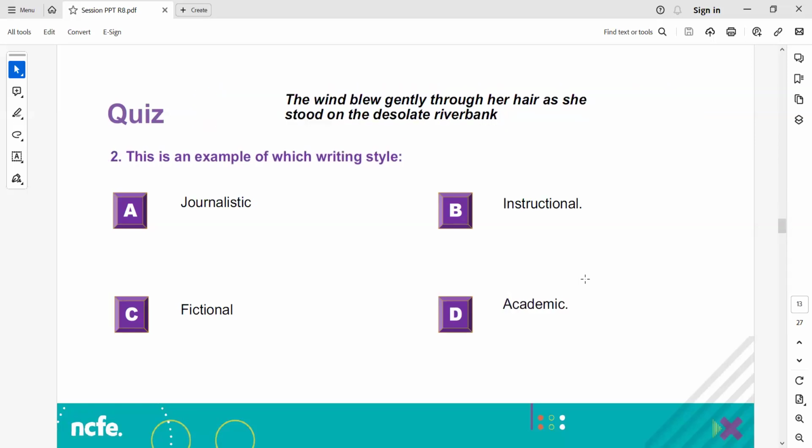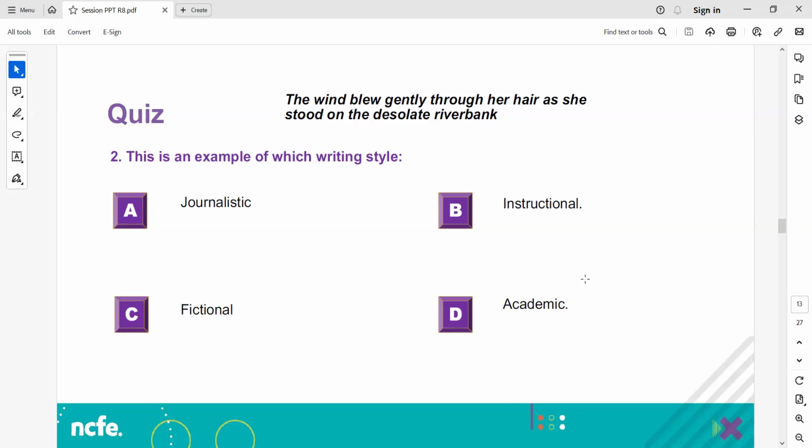So let's look at this one. The wind blew gently through her hair as she stood on the desolate riverbank. So the same choices: journalistic, instructional, fictional, or academic? Fictional. Good. So what tells you it's fictional?